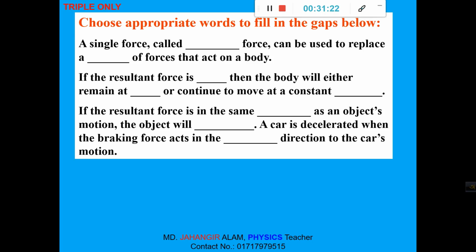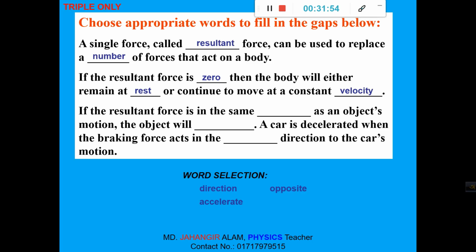Choose appropriate words to fill in the gaps below. A single force called the resultant force can be used to replace a number of forces that act on a body. If the resultant force is 0, then the body will either remain at rest or continue to move at constant velocity.